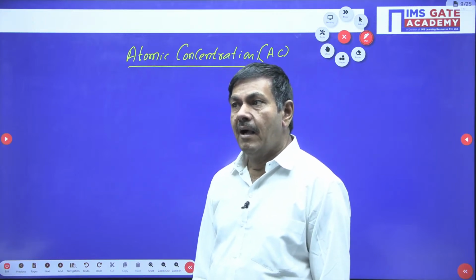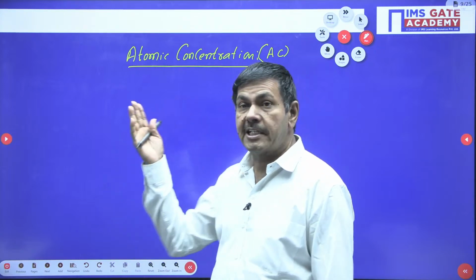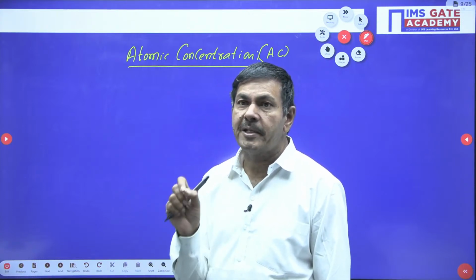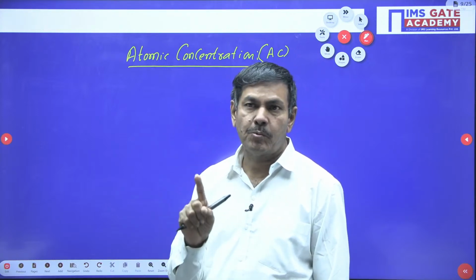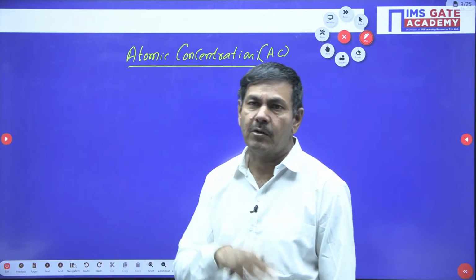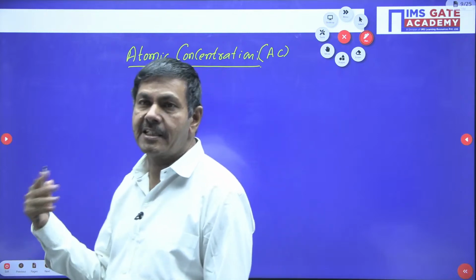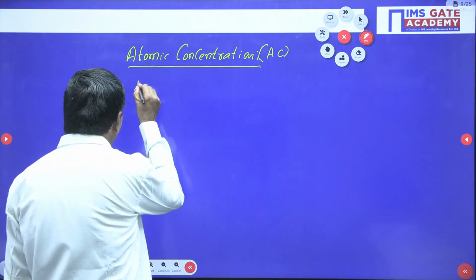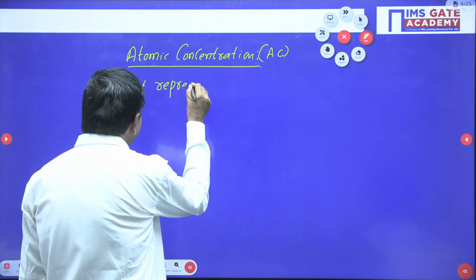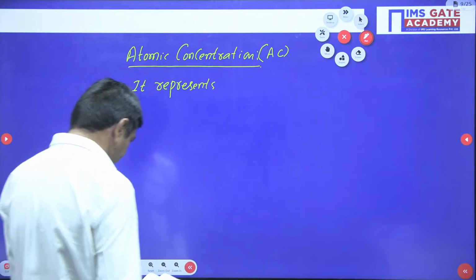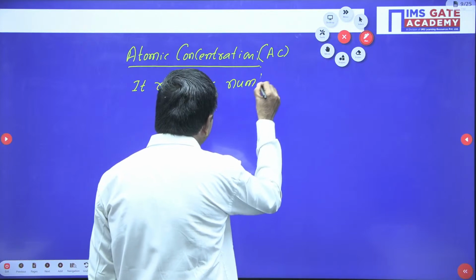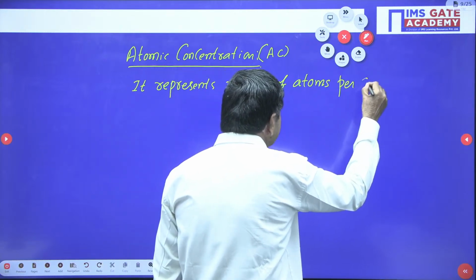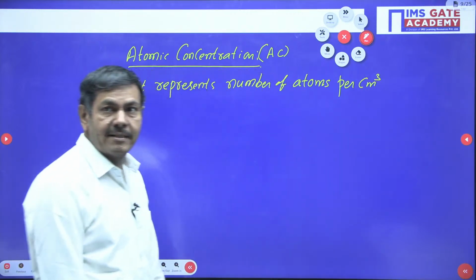For the total material you don't need to calculate, but practically they consider how many atoms exist per cm cube. Based on per cm cube you can easily find the atomic concentration for the total volume. The definition you can give for atomic concentration: it represents the number of atoms per cm cube.